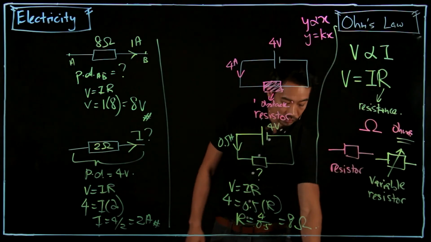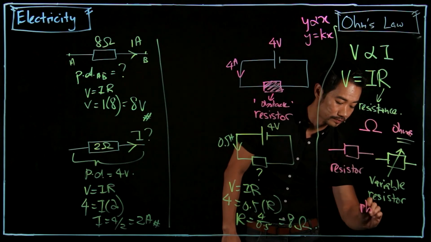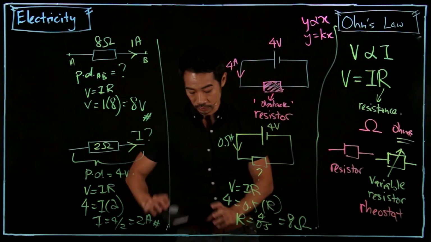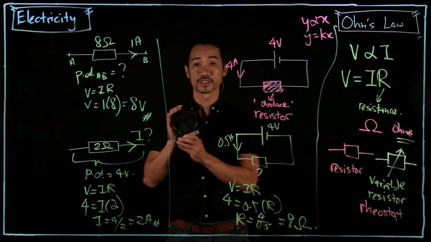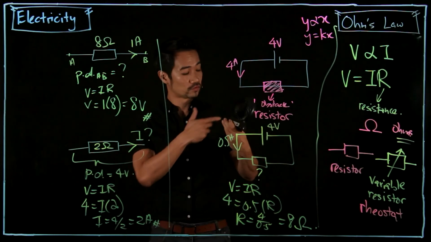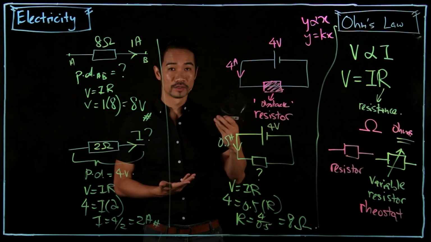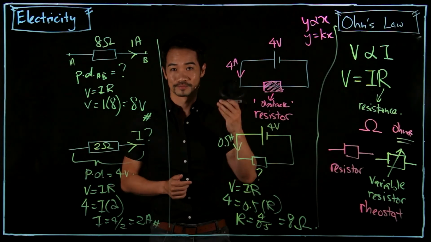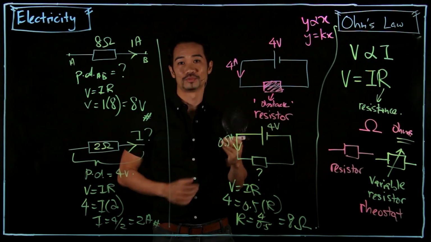This device is also called a rheostat. So as you press the button, the resistance will change from one level to the next level. So for me to have a stronger current, what is happening to the resistance? The resistance is actually dropping. Drop some more, greater output, all right?